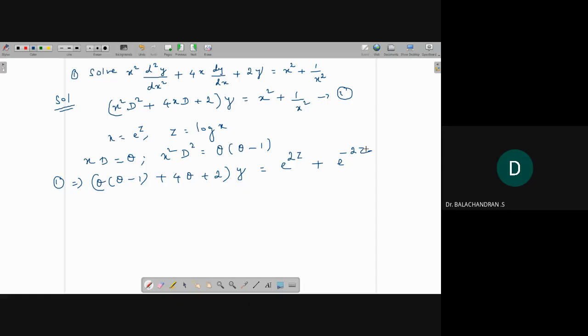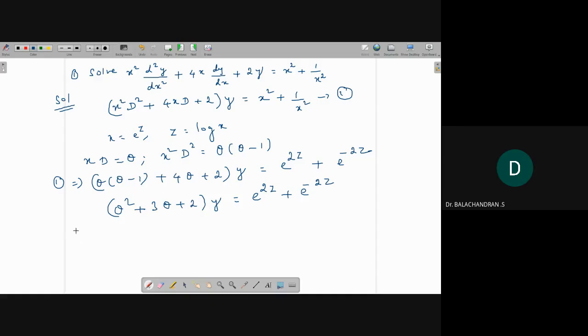Now simplify the left hand side: theta square minus theta plus 4 theta is plus 3 theta, plus 2 into y equal to e power 2z plus e power minus 2z.